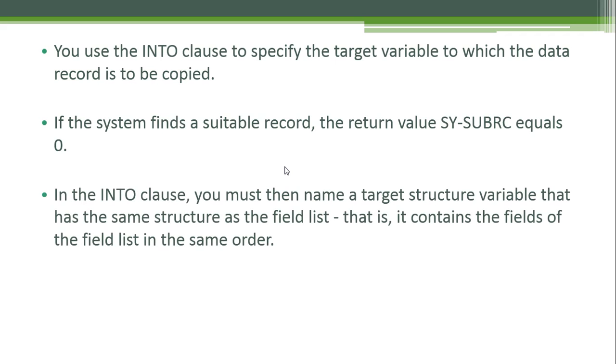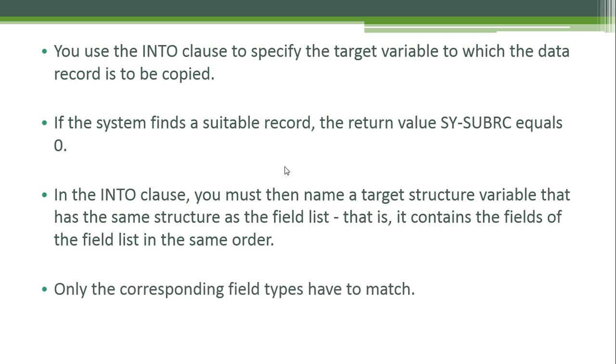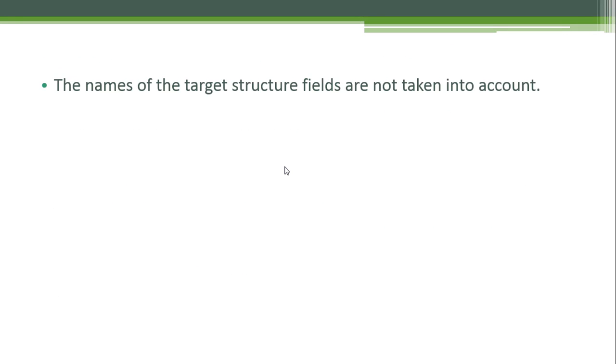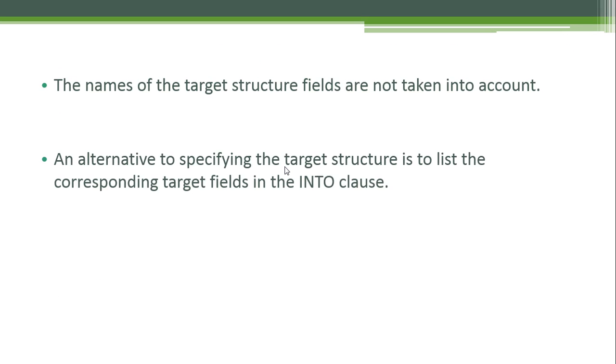In the into clause, you must then name a target structure variable that has the same structure as the field list. That is very important. That is, it contains the fields of the field list in the same order. Only the corresponding field types have to match. The names of the target structure fields are not taken into account.